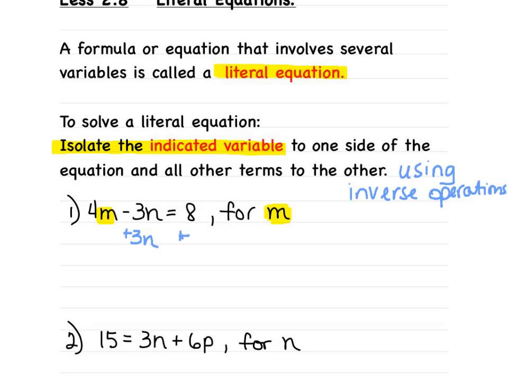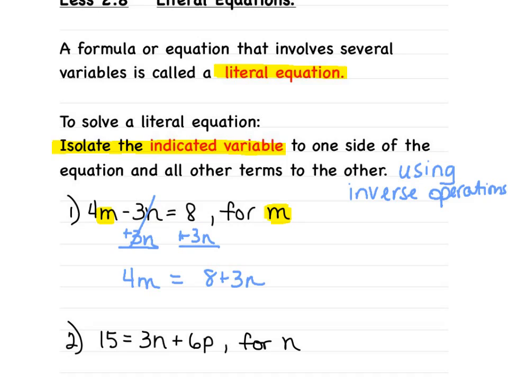So I'm going to add 3n there. So minus 3n plus 3n, we know, cancel each other out. 4m is what remains, and 8 plus 3n, we know that those are not like terms, so I can't combine them, so I'll bring it down as an expression. 8 plus 3n.